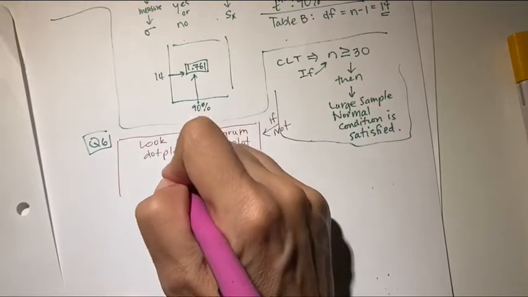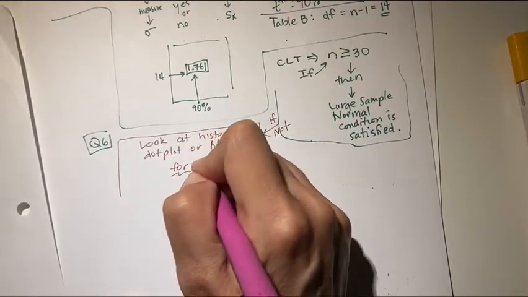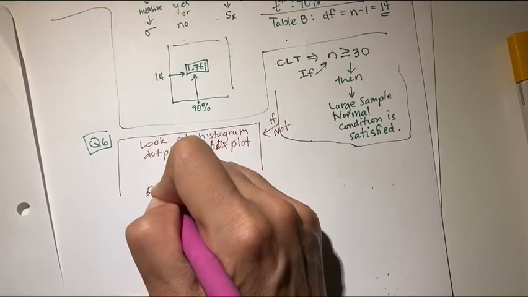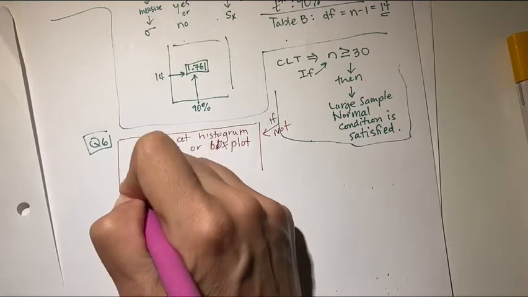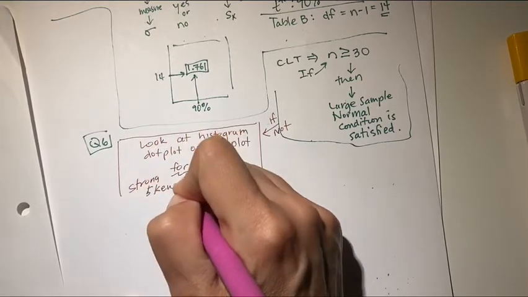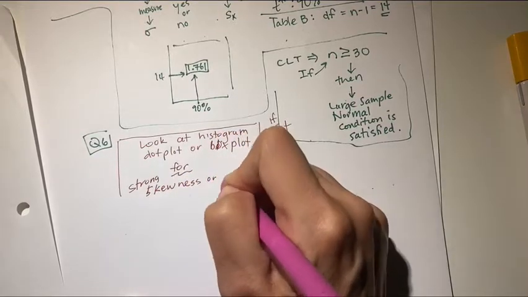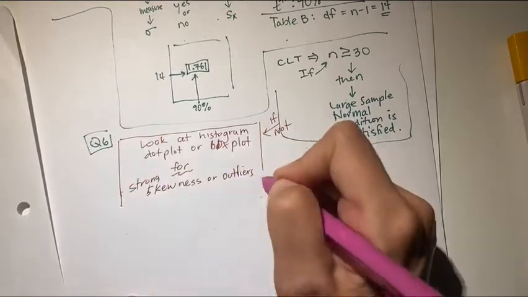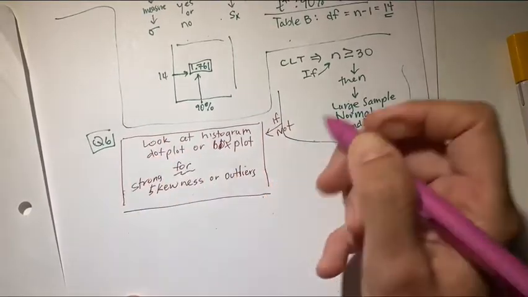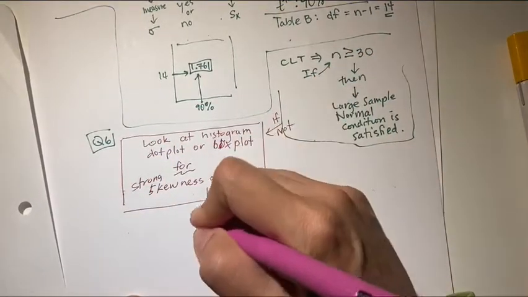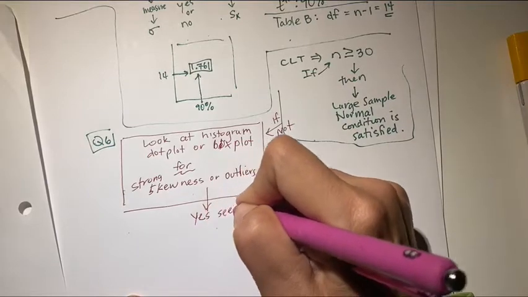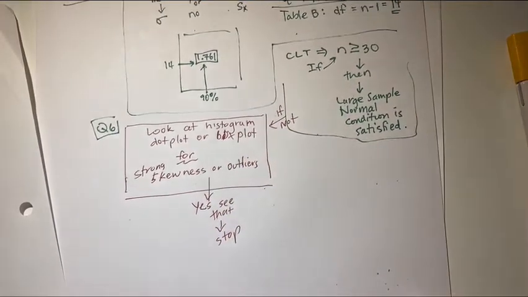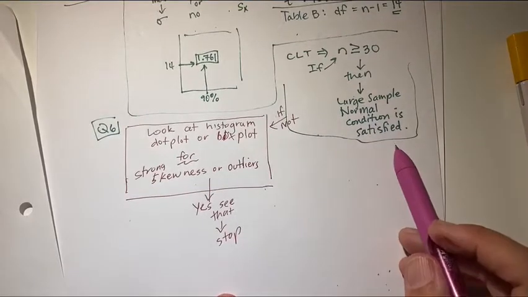And what are you looking for? You're looking for strong skewness or outliers. And if you see them, you're going to stop. You're essentially going to say, no, it doesn't meet the condition.